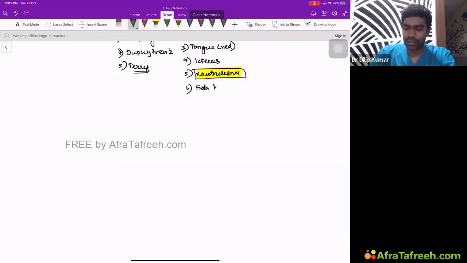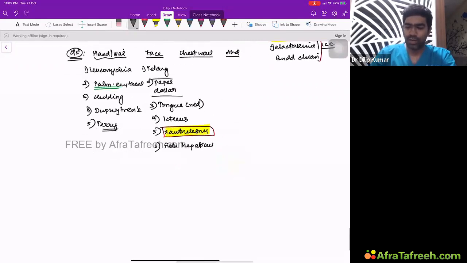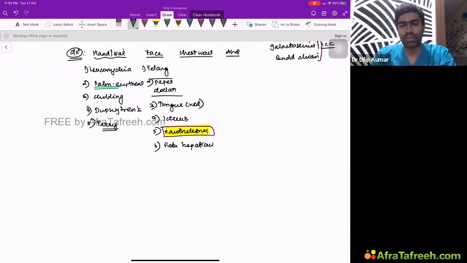And fetor hepaticus. That's again a sign of liver cell failure. Everyone knows that. And what are the chest wall problems? You can get two important problems. That is gynecomastia. Everyone knows that. That's due to hyperestrogenism. Or females can develop breast atrophy as well, due to a variety of factors: gynecomastia in males, but breast atrophy in females.